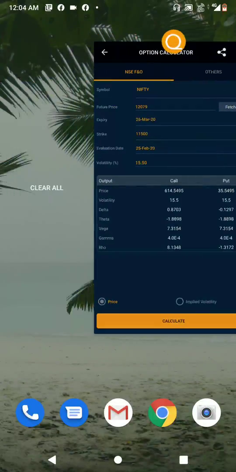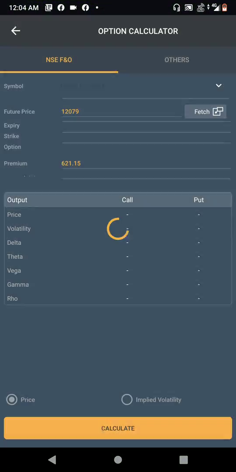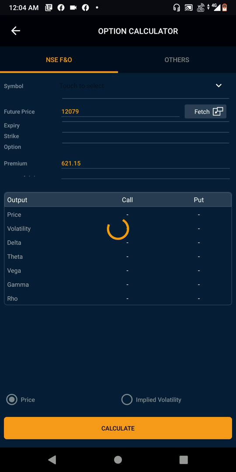Okay, let me go quickly into the options calculator. I have opened the option calculator readily. So let's see, when we have the input factors ready, it's loading. Before it gets loaded, let's quickly see this form.